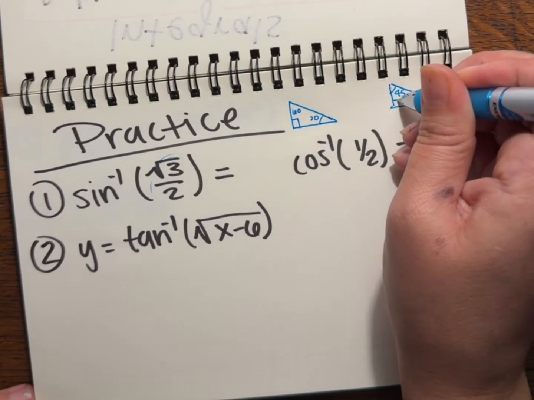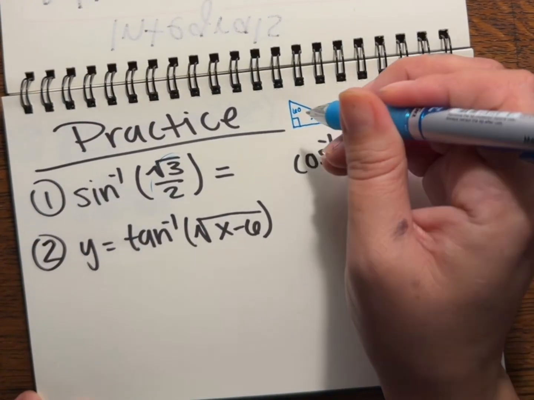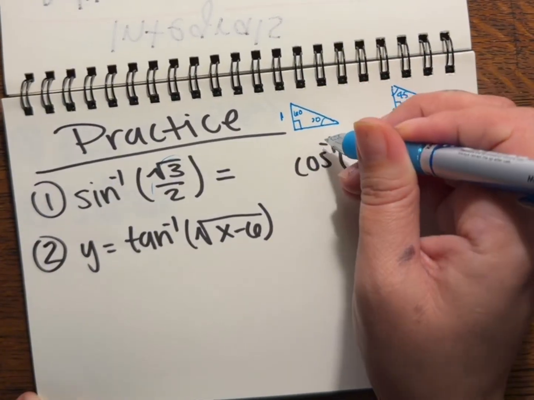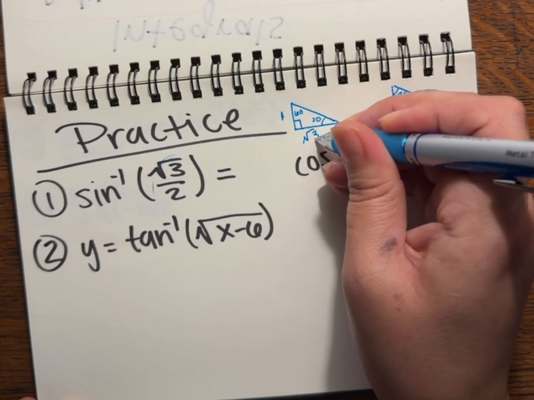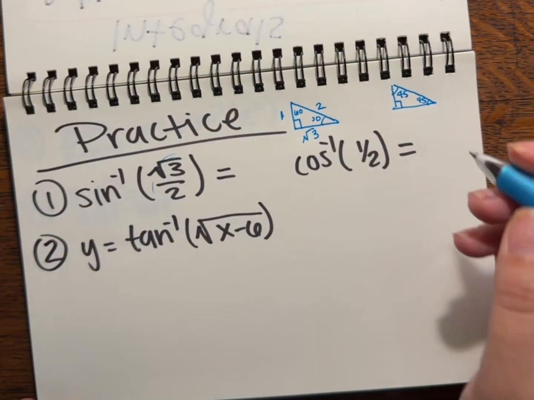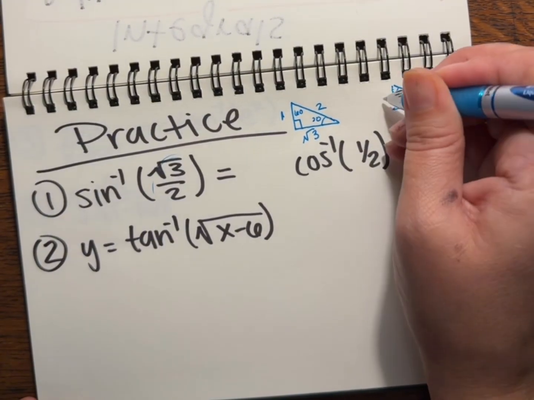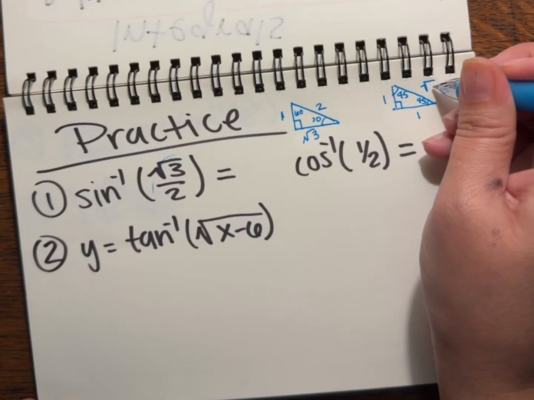I also recommend memorizing these as well. Opposite the 30, you have a 1. Opposite the 60, you have a radical 3. And then you have 2 on the hypotenuse, and then 1, 1, radical 2 for the 45, 45, 90.